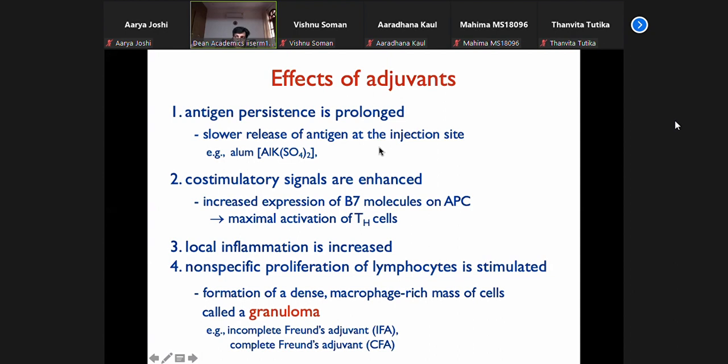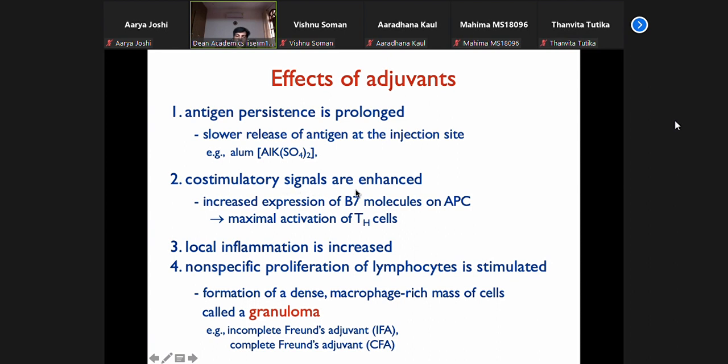You have injected this mix of antigen with adjuvant, and over a period of time you get slow release of the antigen, which induces your immune responses efficiently. One example is alum, a very commonly used adjuvant. The other thing adjuvants do is provide co-stimulation.